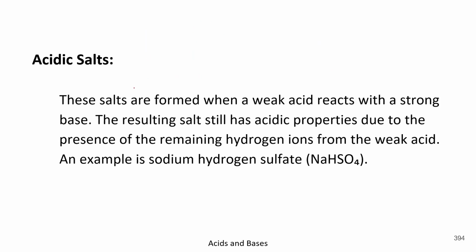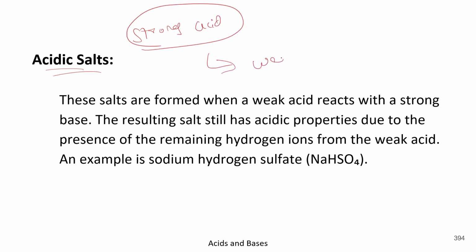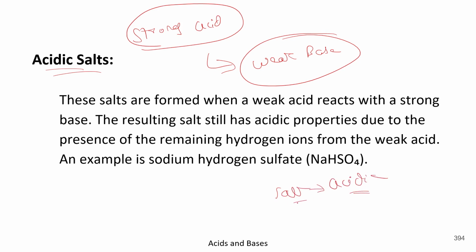Second one is acidic salt. It happens when the acid is strong and it reacts with a base which is weak. In that case, the salt will be acidic because the acid has more power.